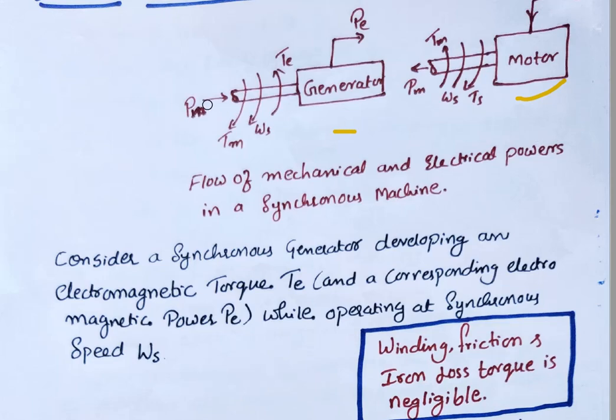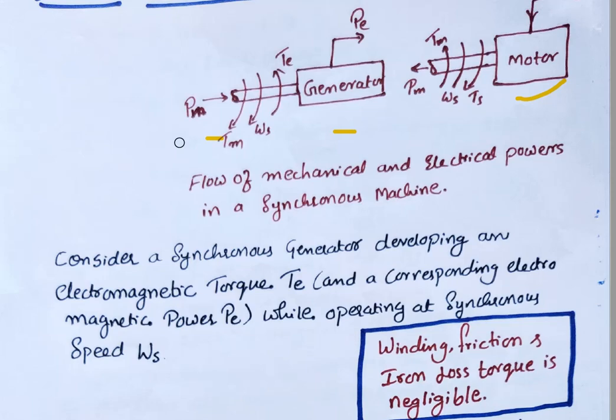Now see, this is my mechanical input power, this is my generator, and this is my electrical output. You see the direction: my mechanical torque and the direction of rotation of the shaft are in the same direction. So my Tm drives the shaft in the direction of rotation of the generator, where Tm comes from the prime mover.